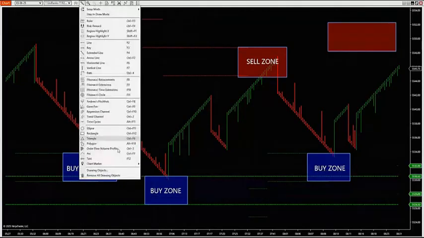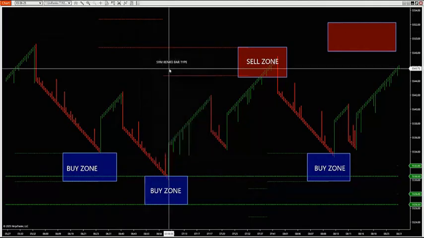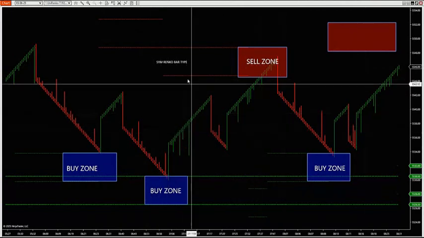The key for these zones to work is my proprietary Renko bar type for trend. We have what's called a Sim Renko bar type. That's my proprietary bar type that I created. You know, how Ninja came up with the Uni Renko bar type, it's a Uni Renko bar chart.